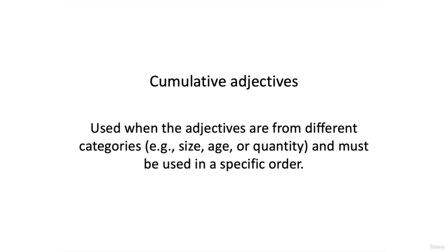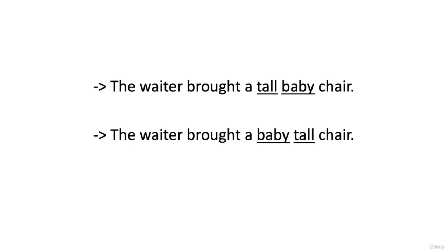Cumulative adjectives are recognizable because if you change their order, the sentence no longer makes sense or holds the same meaning. For example, the waiter brought a tall baby chair. The waiter brought a baby tall chair.